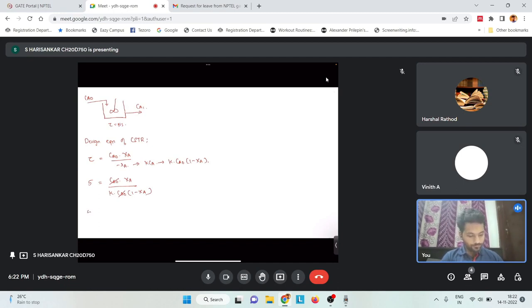So 5 is equal to Xa by 0.2 into 1 minus Xa. We need to solve this to find Xa. This is a simple solving, and we'll get Xa as 0.5.